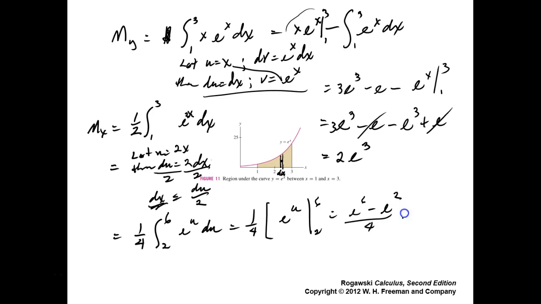You could write this as e squared times e to the 4th minus 1 over 4. I don't know if that makes it any better or not, but that's true, isn't it? Either way, okay. What else do you need to do?